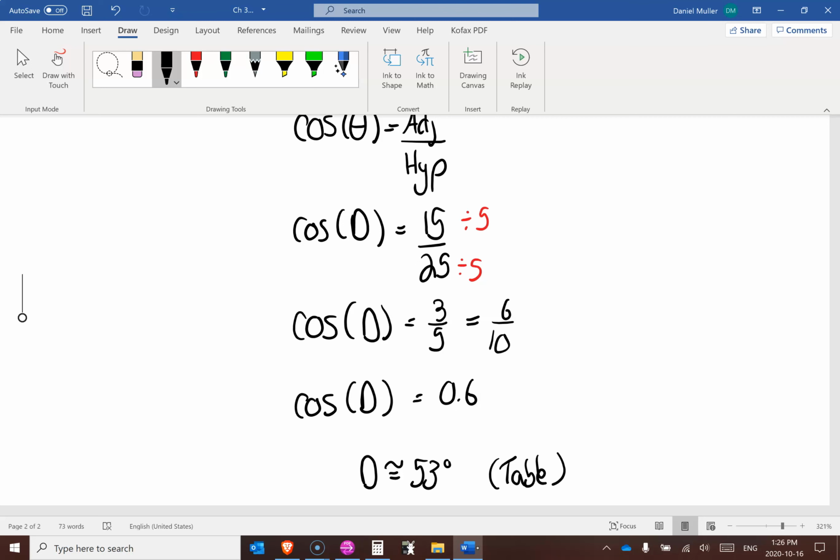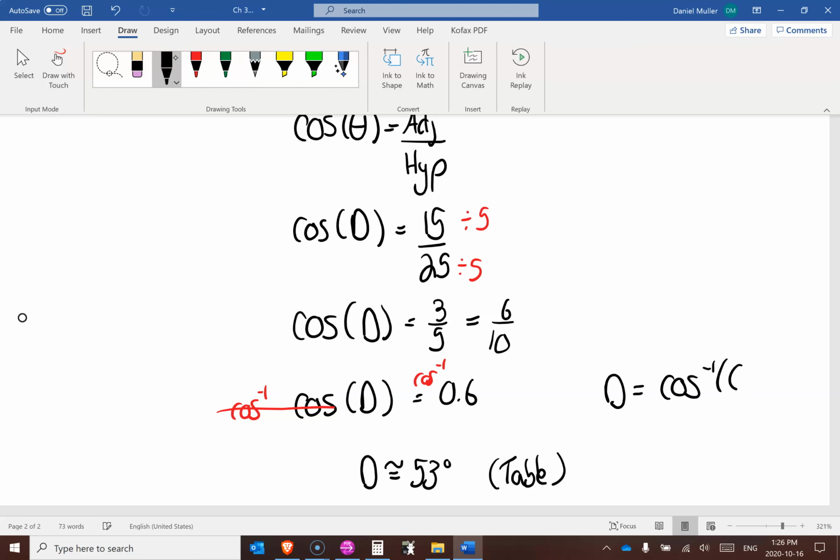Now, if you had to actually work backwards, you have to do the cosine inverse. Remember, you would do cos negative 1 of both sides, whatever you do to one side you have to do to the other, and those would cancel out.